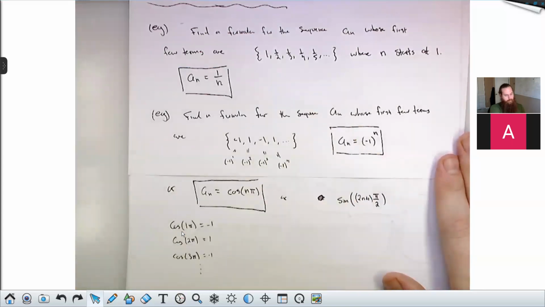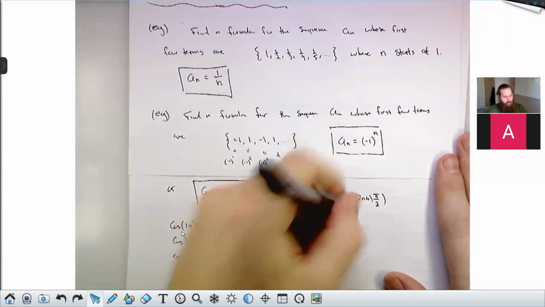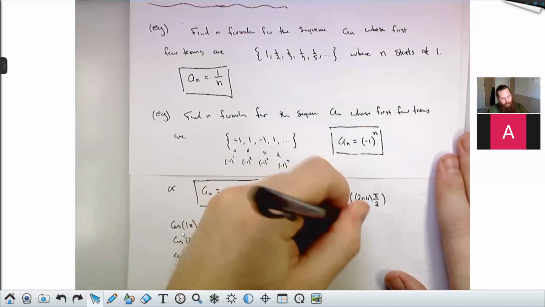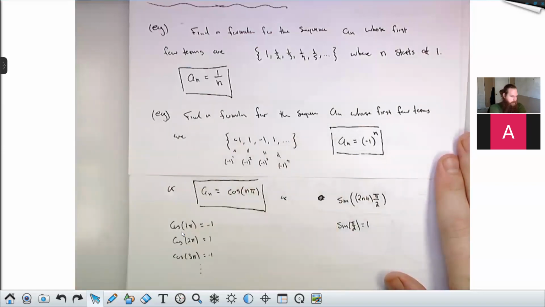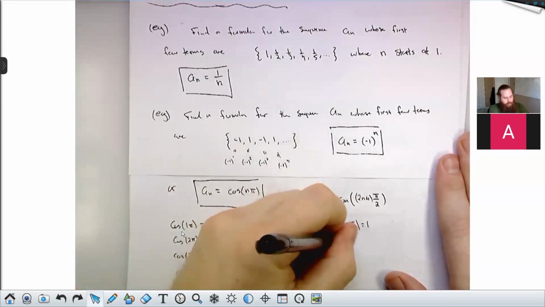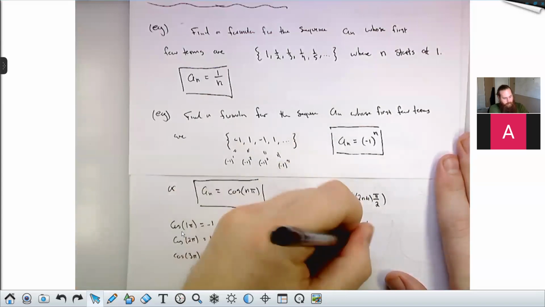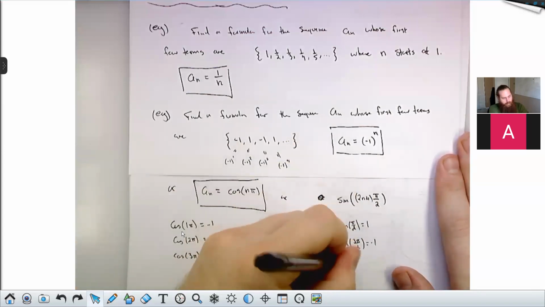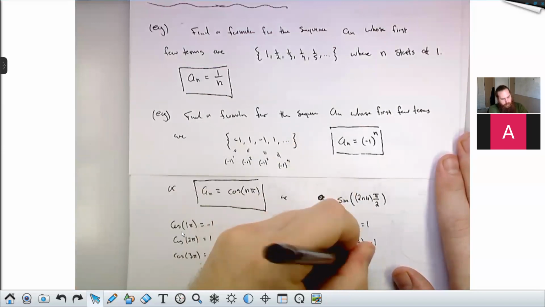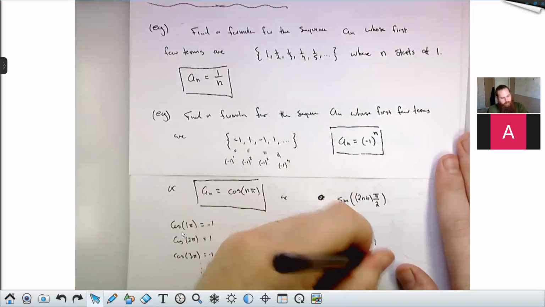So that's like sine of pi over 2, which is 1. Oh, wait, hang on. Yeah, this almost works. Sine of 3 pi over 2, which is -1. Sine of 5 pi over 2 is +1.